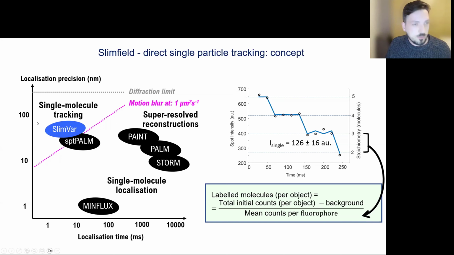Not only can you do that, but if you take fluorescent proteins at endogenous levels, you can bleach them sequentially with a high power laser. You can actually measure the steps of single molecules in these individual particles over time. So you can not only track them, you can also count the number of proteins, which is of course perfect for this question.